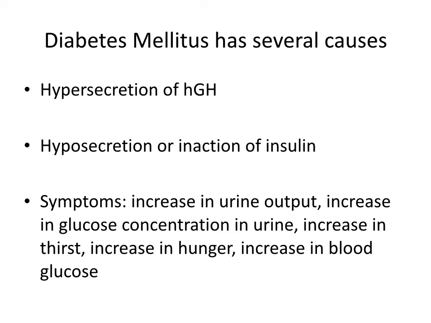It's almost like your cells are on a desert island with no food. They can't recognize that there's glucose available because there's no insulin to tell them to use it and to bring it in. So you get this constant hunger and, of course, the increase in blood glucose.